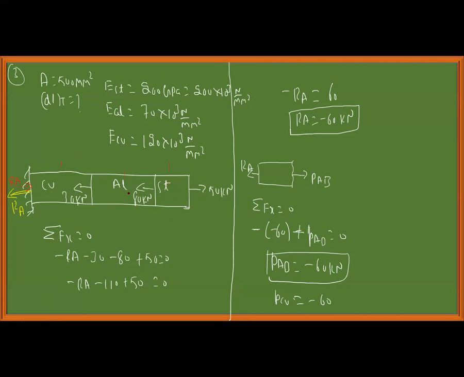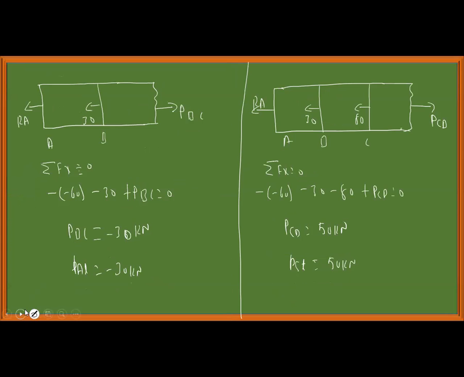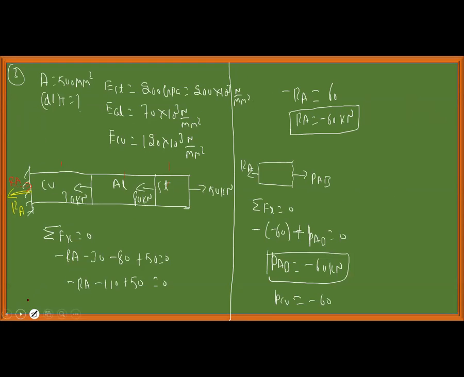Similarly, if you take this, this is 80 minus 50, that is 30, and this will be acting like this, minus 30 kilonewton, whatever the value of P of copper you get. Then finally you can take a section here and you'll get 30, 80, 50, 80, 90, 100, 130.